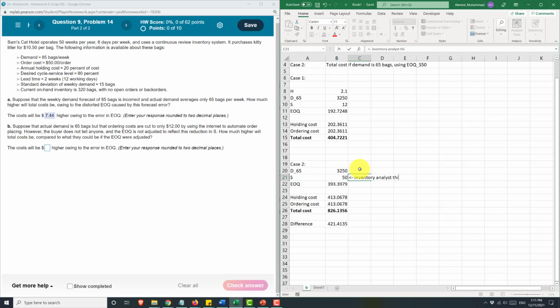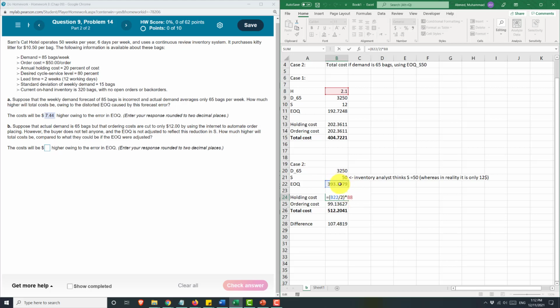The inventory analyst thinks S is 50, whereas in reality it is only $12, right? So the analyst continues to use S of 50, so we get this EOQ value, and our holding cost is going to be based on this EOQ value, and our ordering cost is going to be based on the actual ordering cost of $12.